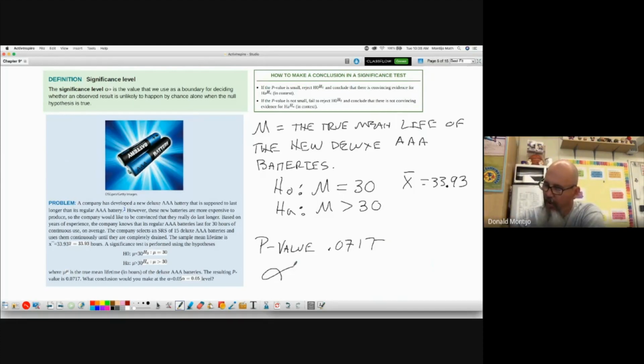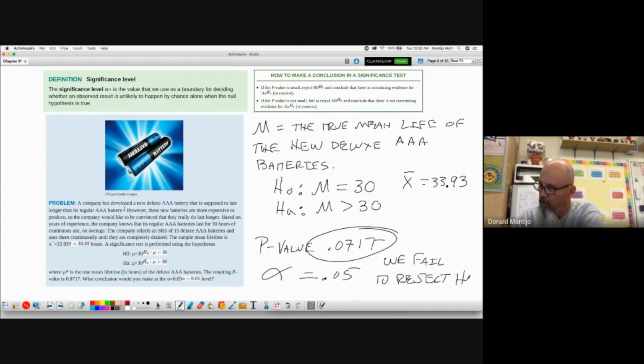So if alpha equals 0.05, is this p-value 0.0717 smaller than 0.05? No, it's not smaller. Therefore, we fail to reject the null. We do not have enough evidence to conclude that this new battery lasts longer than the original battery.